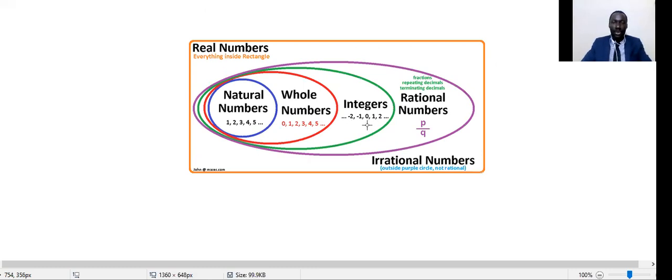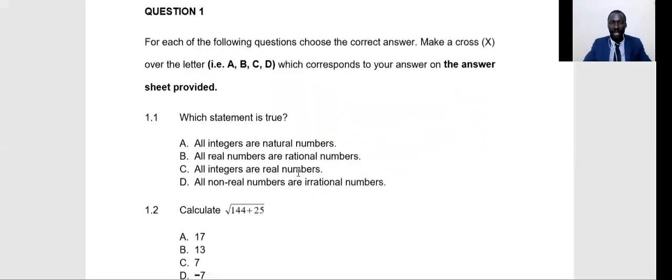Then when we get back to 0, from 0 we have 1, then 2, then 3, then 4, in that continuous increasing order. And so we can say that all integers are real numbers. That means C forms part of the solution. So we now have to indicate it. Let's draw this, to mean C is the correct one.